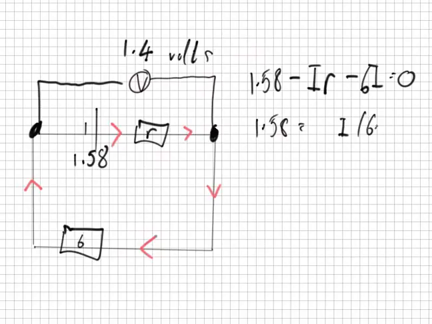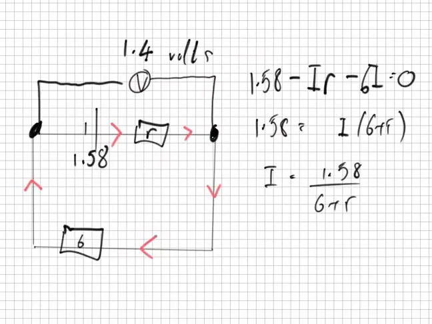So here it's 1.4, and the battery is 1.58. So I don't know, what do you want to use? I think we can do this just using Ohm's law. So if you were to look from here to here, what's the voltage?